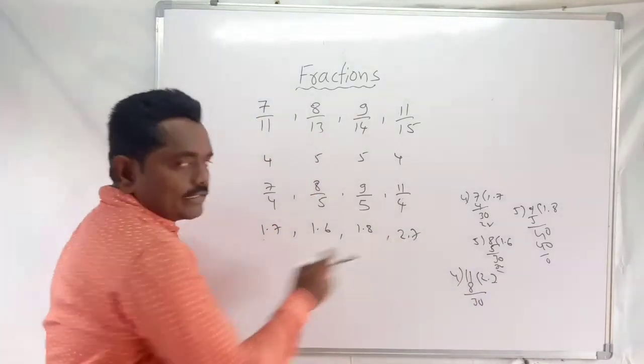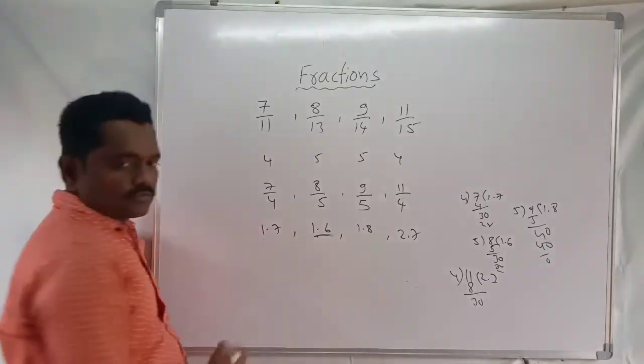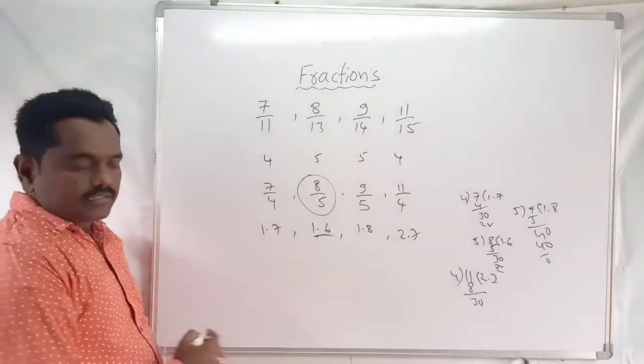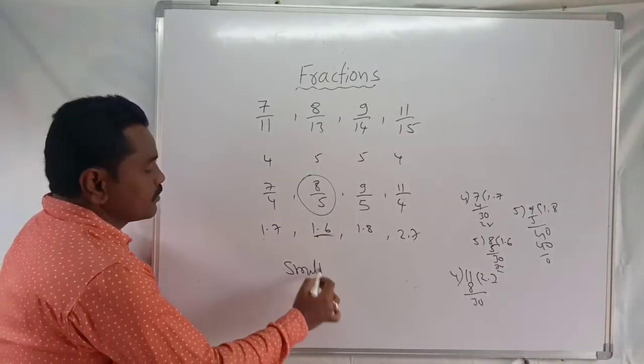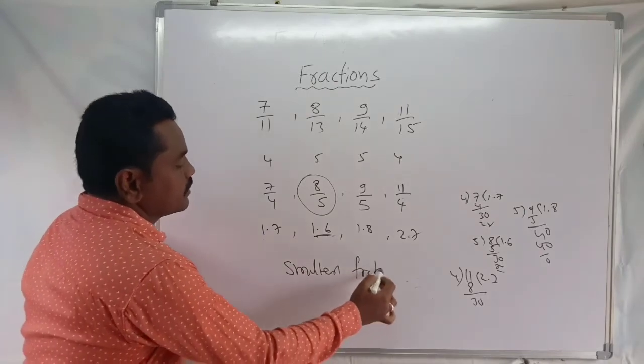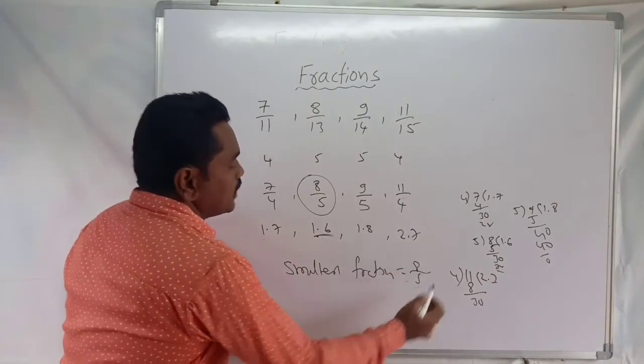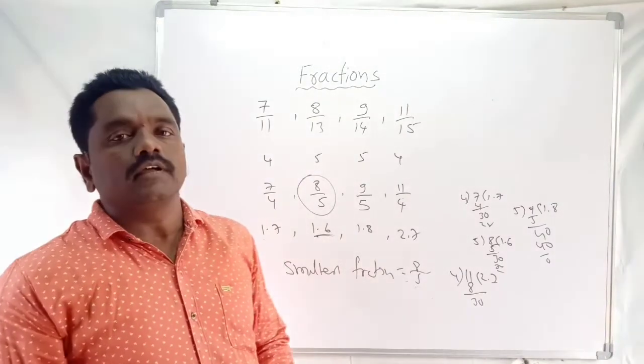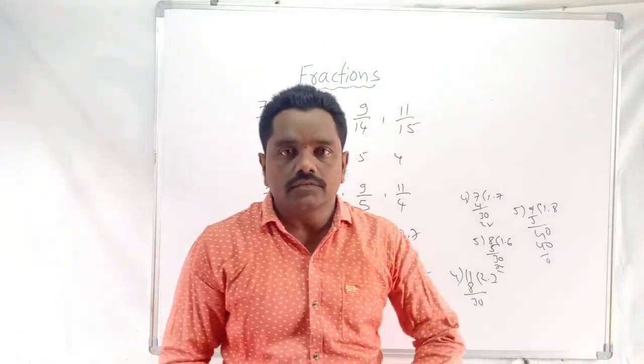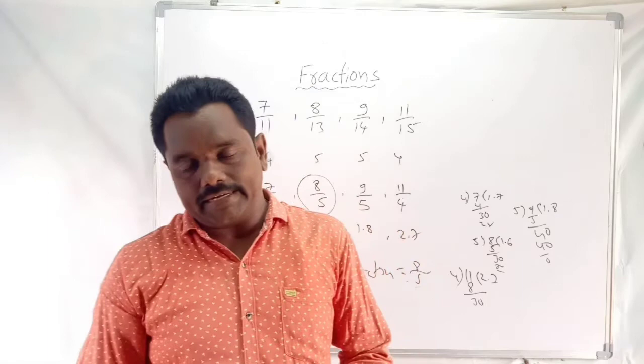Which one is the least number? This one. That's why 8 by 5 is the smallest fraction. So simple. Any problem of this type can be solved within 3 seconds.